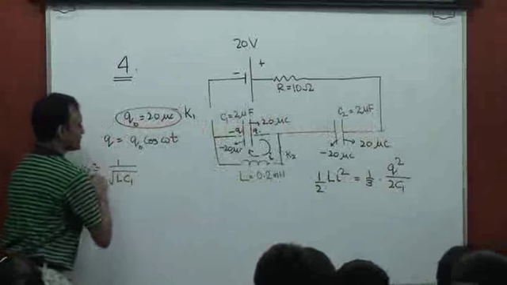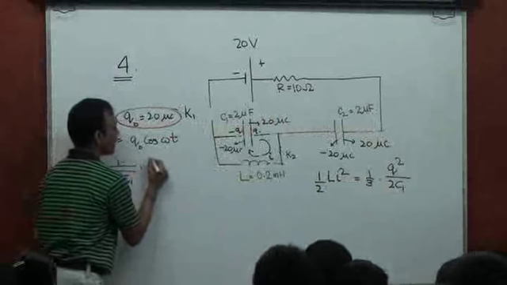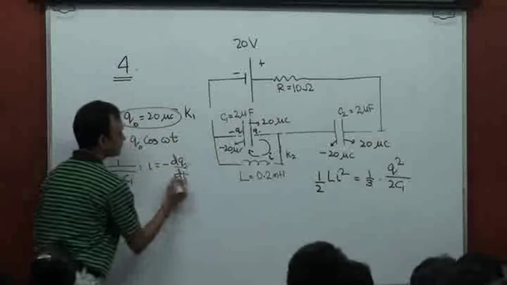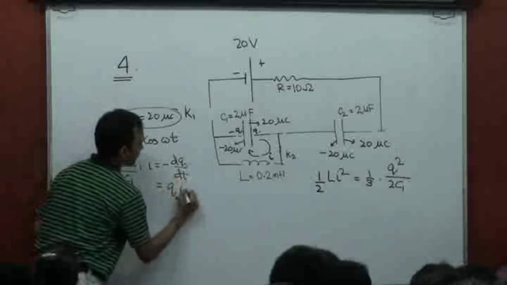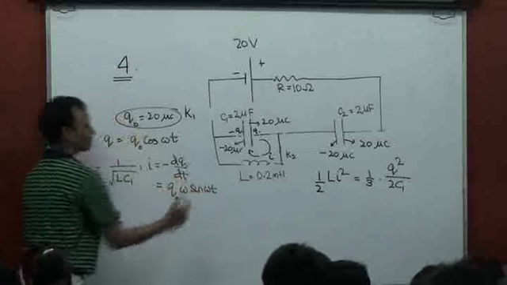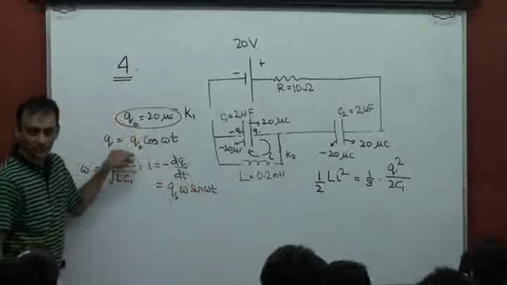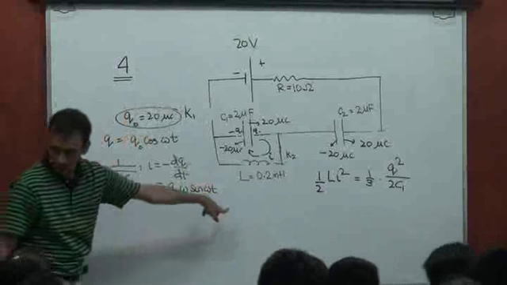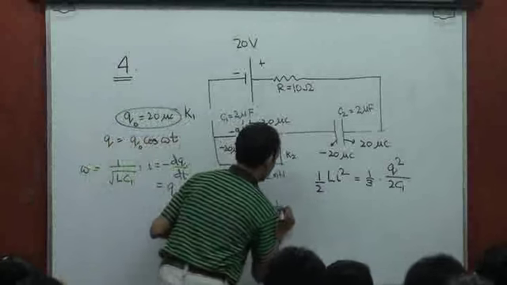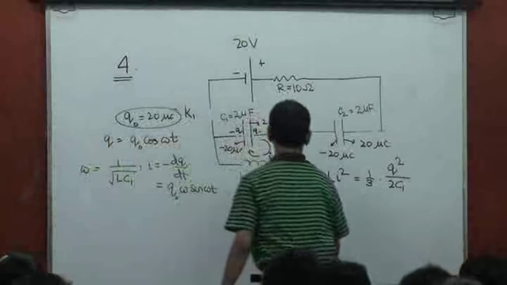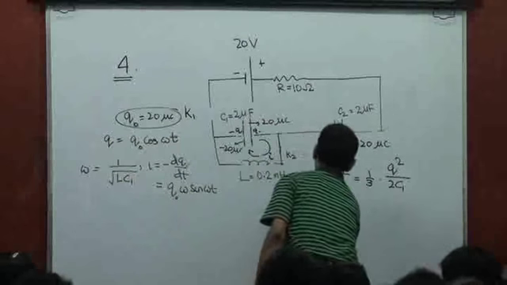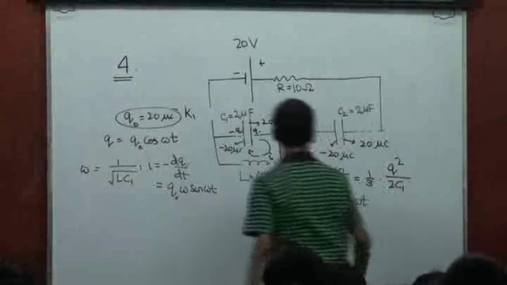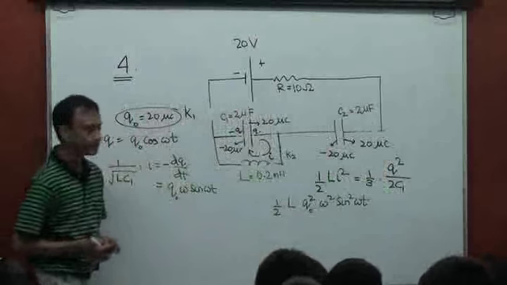Now, if Q is this, realize that I, which is minus dq dt in this case, will be Q naught omega sine omega t, that's I, right? So this I can write as Q naught omega sine omega t. So half L Q naught squared omega squared sine squared omega t, right?